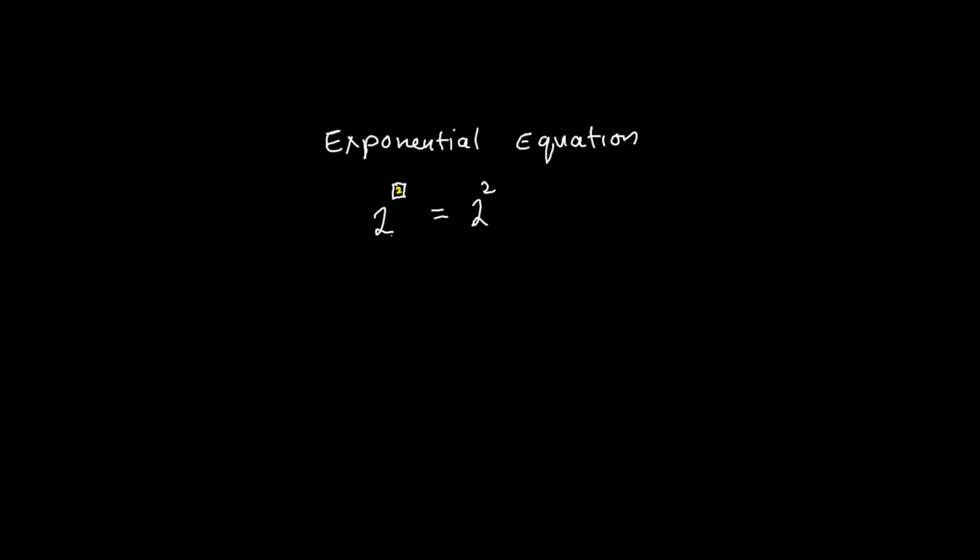Now in high school we do not use placeholder, we use a variable like x, like y, like a or b, right? So if I have 2 raised to the power of x is equal to 2 raised to the power of 2, because the bases are the same, it implies that the exponents will be the same as well. Therefore x is equal to 2. And that is how I solve an exponential equation.